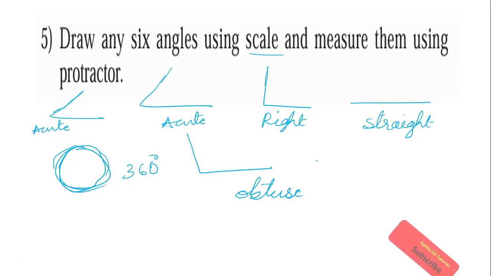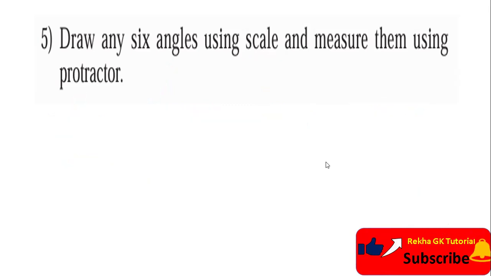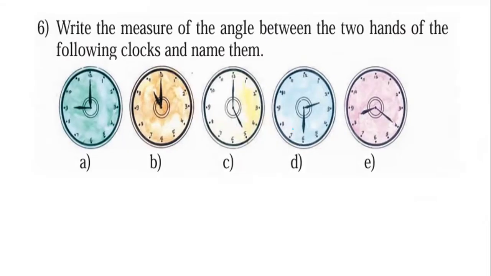Next, write the measure of the angle between the two hands of the following clock and name them. This is a right angle, 90 degrees.